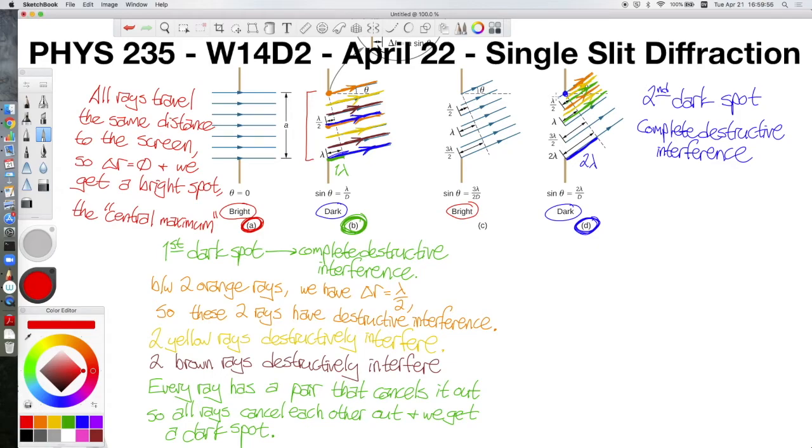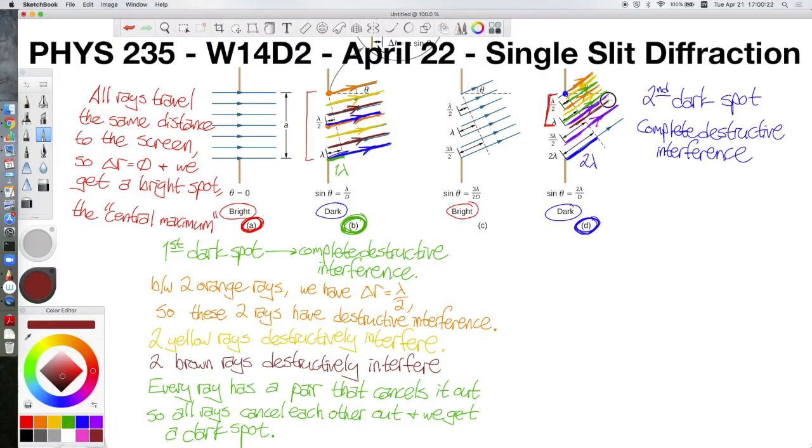So at least for the top half of the slit, we still have that paired destructive interference where each ray has a sibling that completely cancels it out. And then we could do the same thing for the bottom half of the slit. This ray in purple will cancel out with this ray in purple.